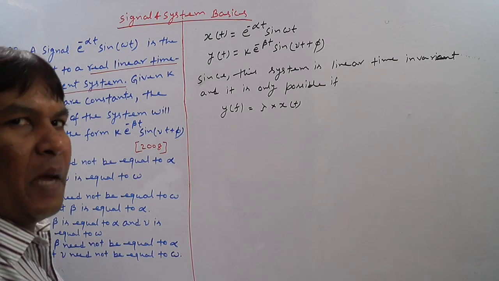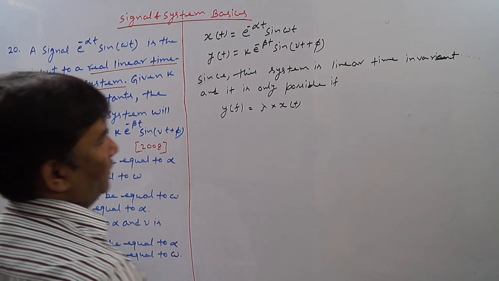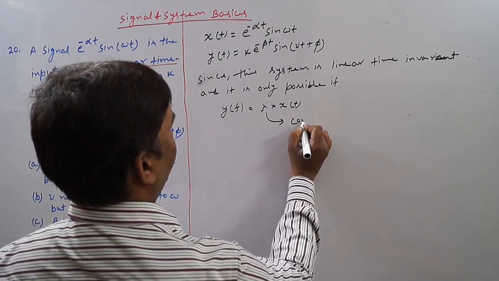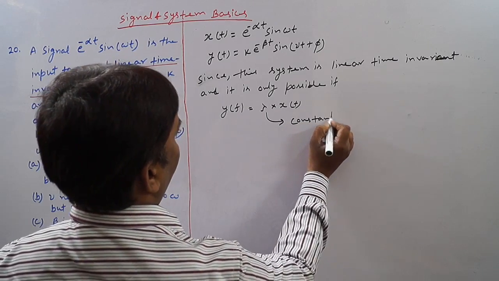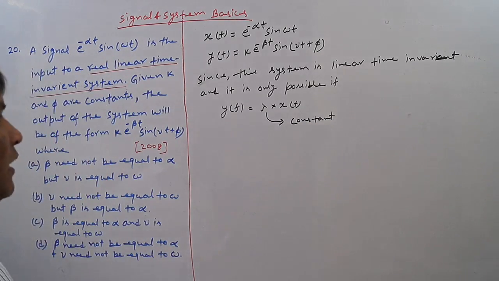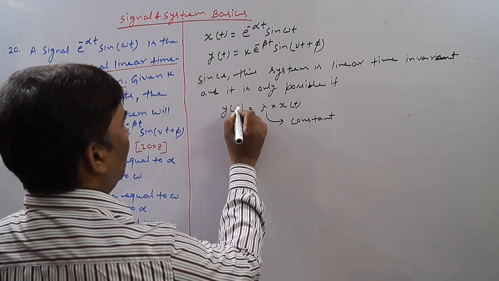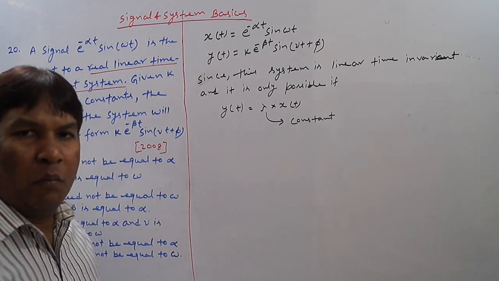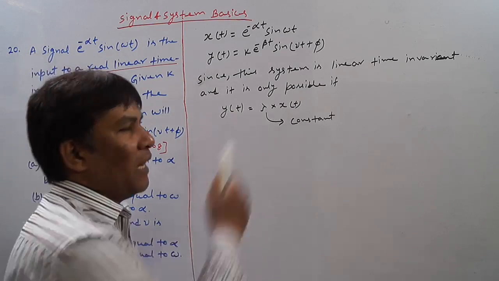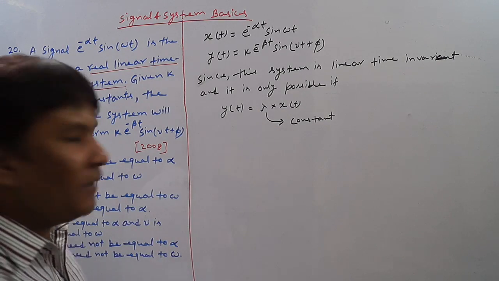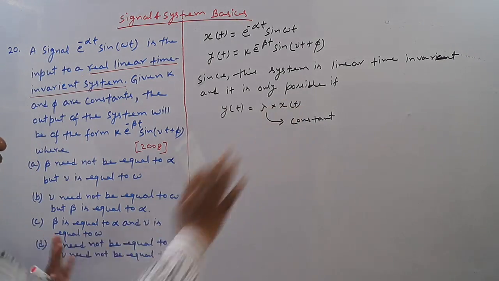Lambda is some constant. Then only will it satisfy both linearity as well as the property of time invariance. Otherwise it will not satisfy.